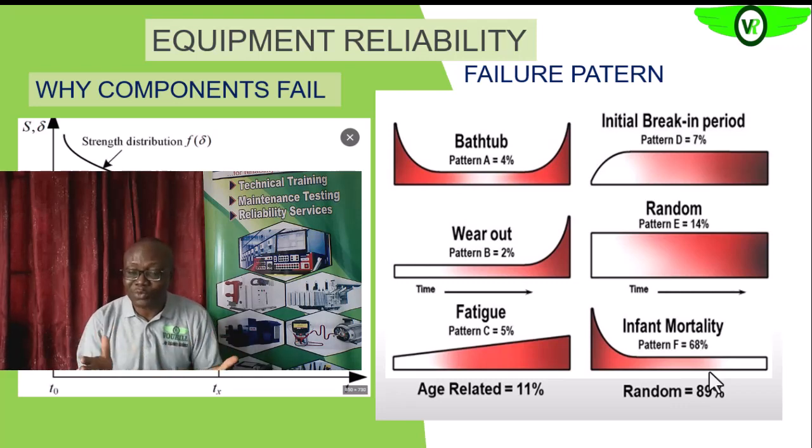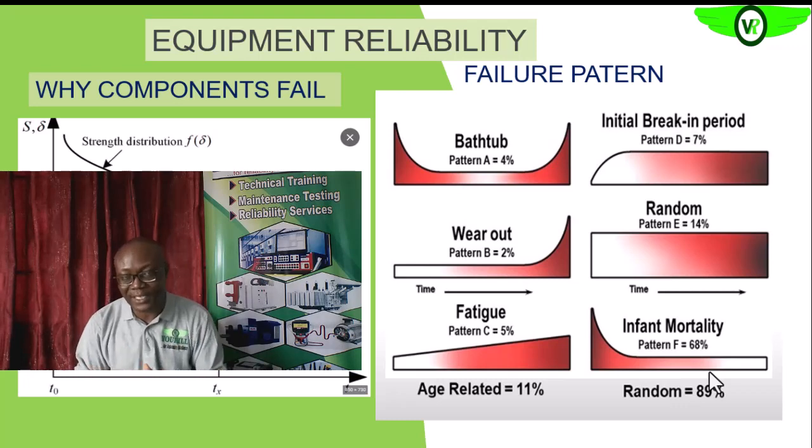So the mistake that we make is focusing on the most common failure pattern that we are all conversant with, and you can see that this pattern is age related.